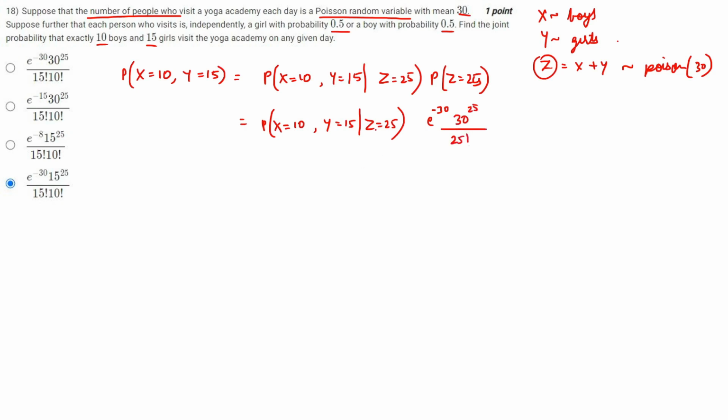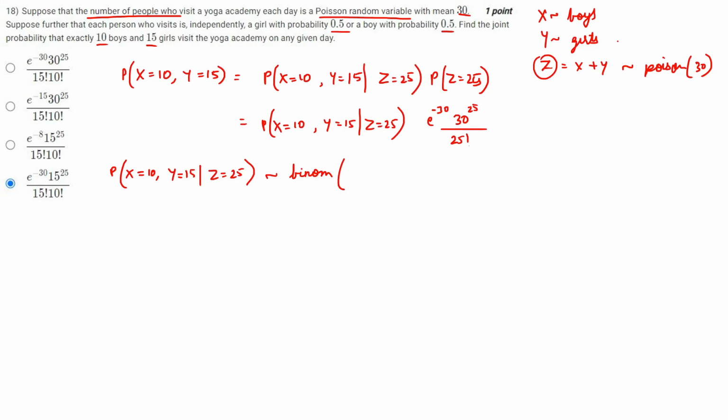Now, this particular term, probability of x equal to 10, y equal to 15 given z equal to 25, is a binomial. If one person enters the yoga academy, either he can be a boy or a girl. That particular thing repeats 25 times.